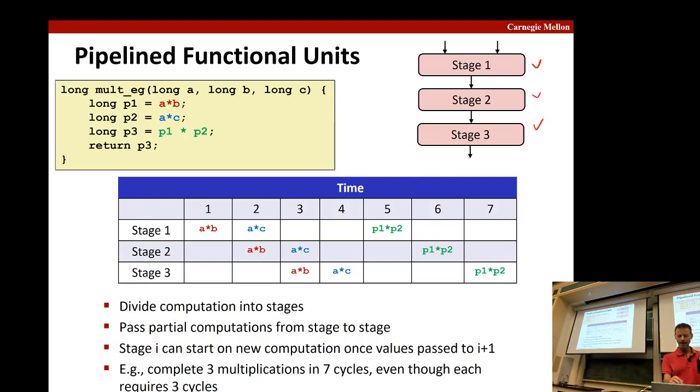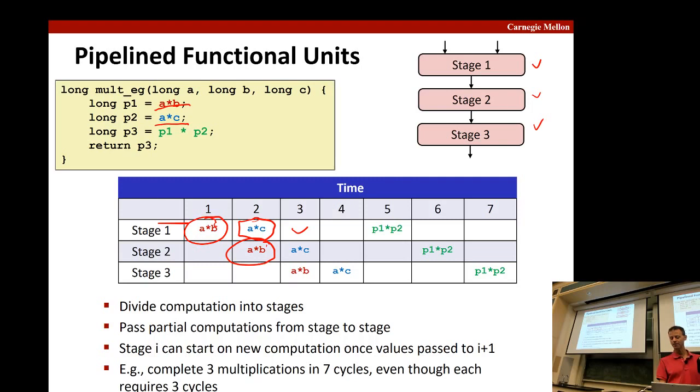And then if you have something like this code here where you're multiplying A times B and A times C, then you can get A times B into stage 1 of your multiplier, and then when it moves on to stage 2, you actually can start up A times C, right? And so forth. So these two things can happen in lockstep. If you had A times D, you could have started here, and you could get this nice, perfect pipeline, right? So while the latency of a multiplication would still be three cycles, because of the 3 stages, the throughput could be 1, right? Because you'd be starting a new multiplication every single cycle.